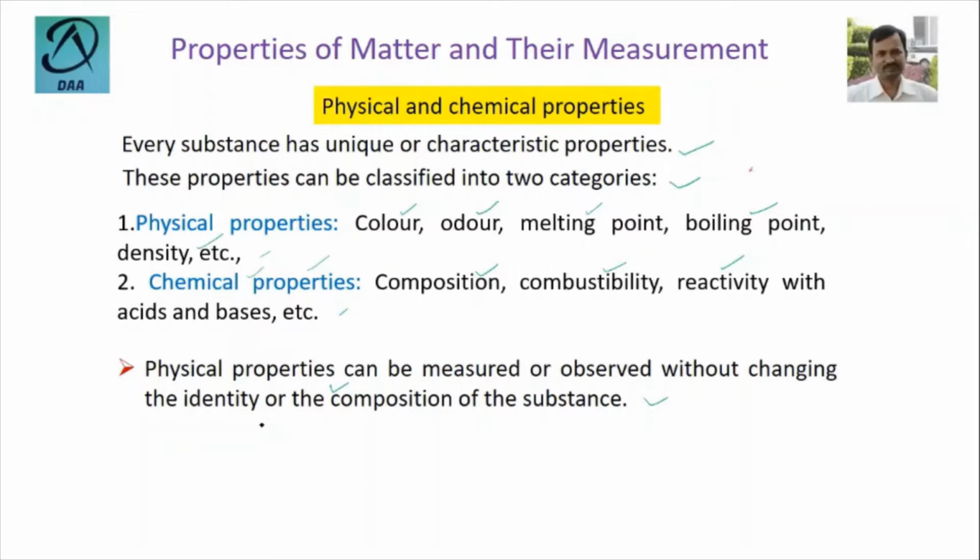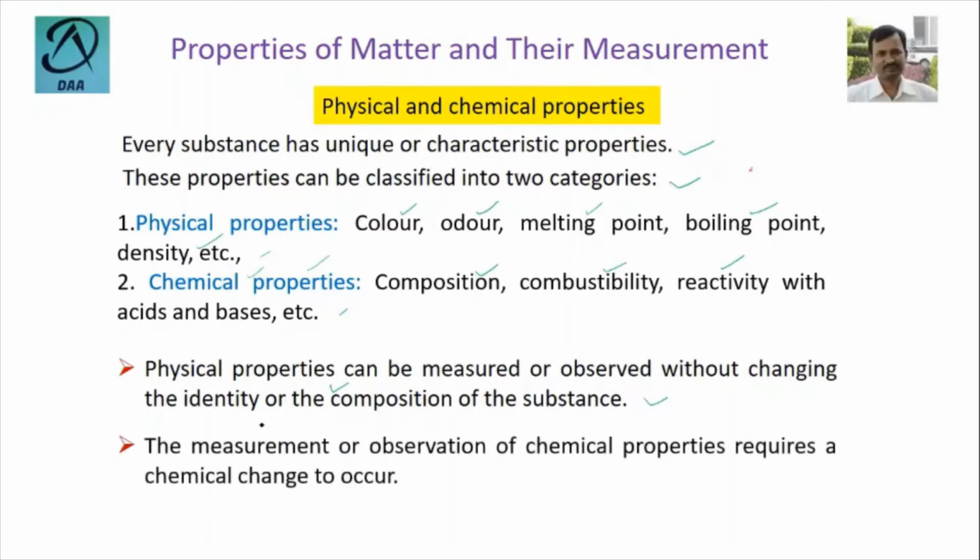That means for the measurement of the physical properties, no need to change the identity or composition of the substance. But the measurement of the chemical properties requires a chemical change to occur. There is another difference between the physical properties and the chemical properties during their measurement.